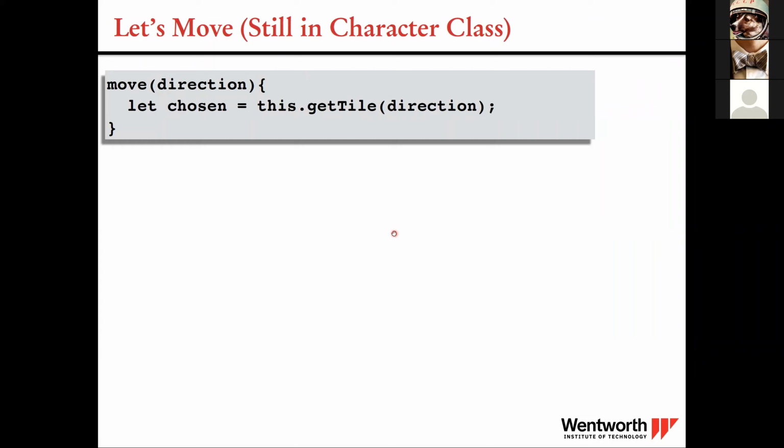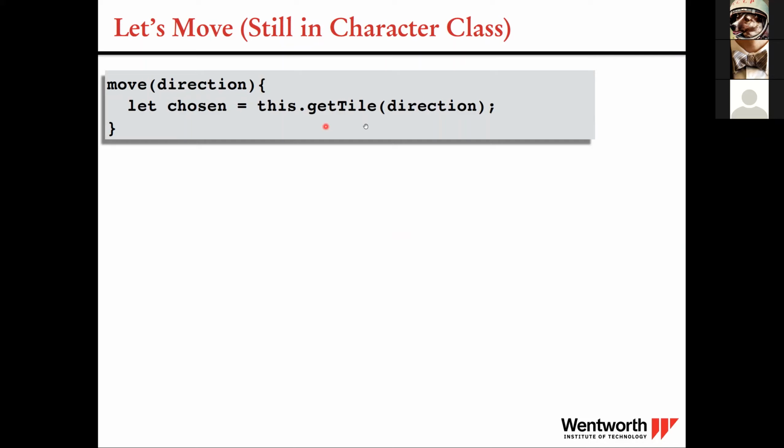So we're still in the character class. I want to go to the move method, and you see that we have a direction variable that comes in. That's just going to be a string, and we're going to set that up inside of the main file, the actual main game loop.